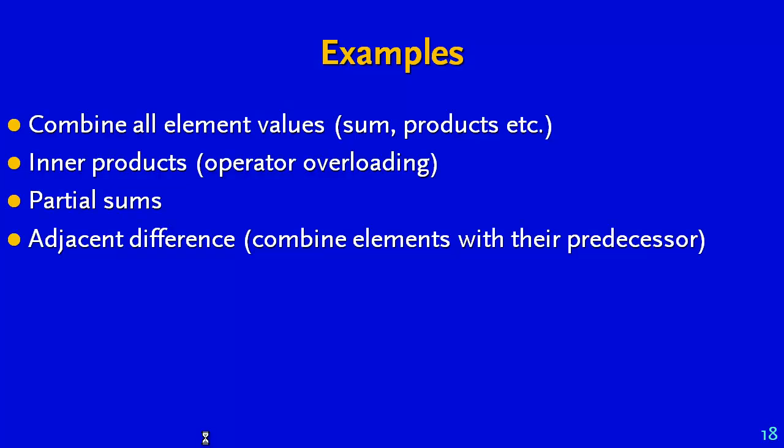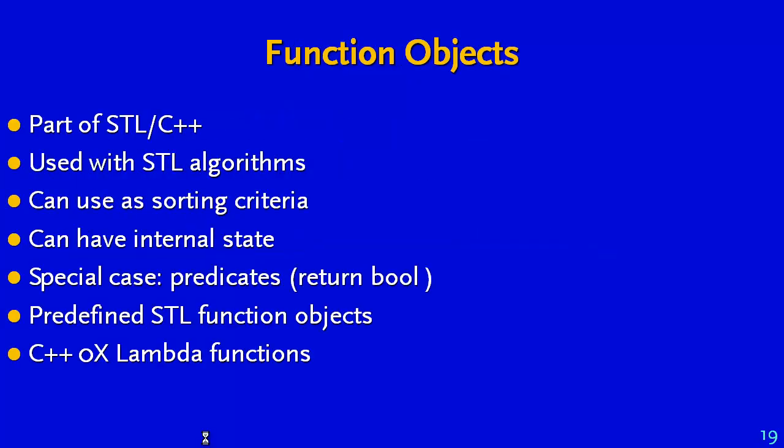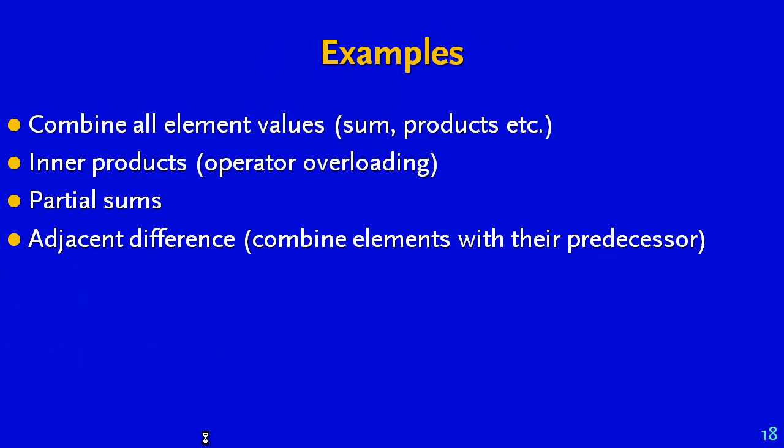We can combine all the elements, we can sum all the elements and get the products, division, everything, inner products and variance of inner products, partial sums, and adjacent differences. So we can combine elements with their predecessors. Okay, so these are the categories.